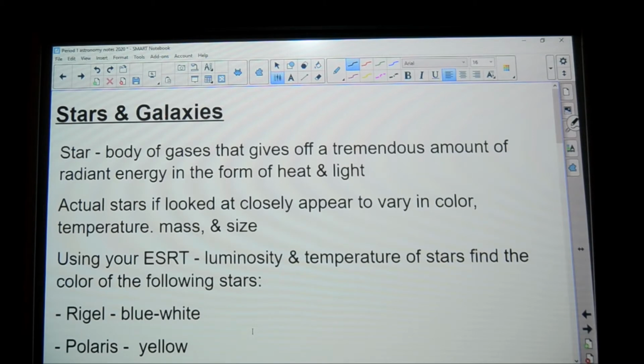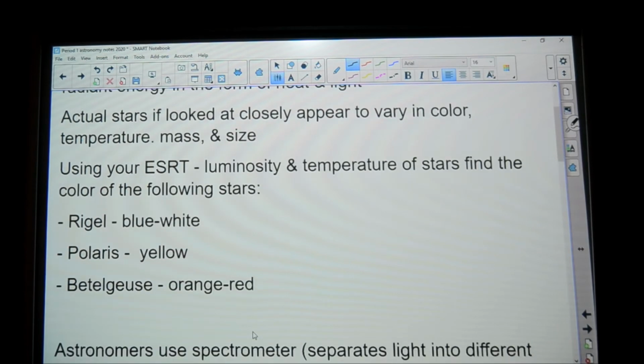You should see it's a blue-white. Find Polaris, read straight down. Polaris is a yellow star. Find our sun, read down. Our sun also is a yellow star.